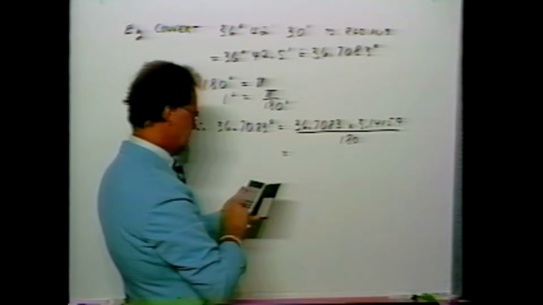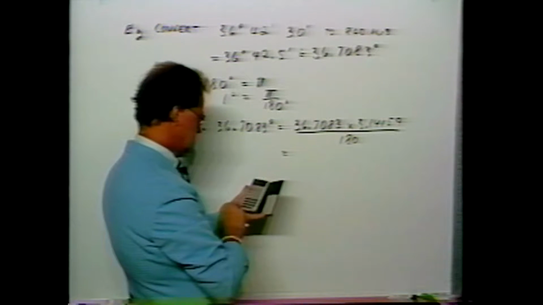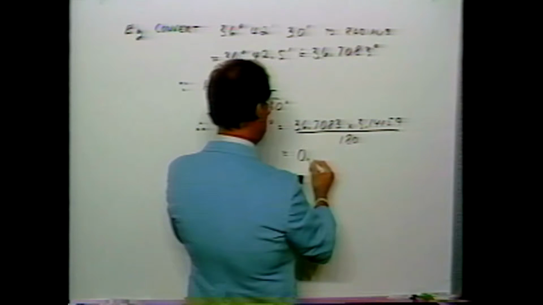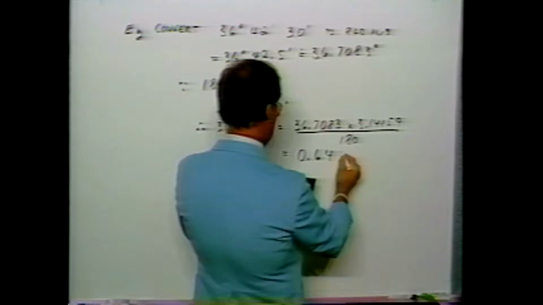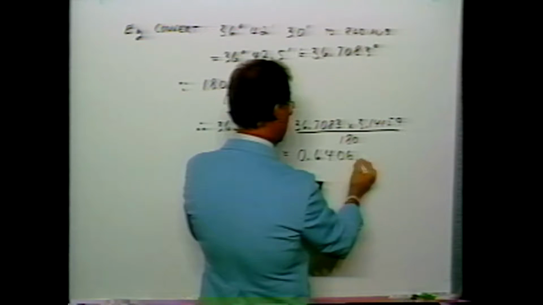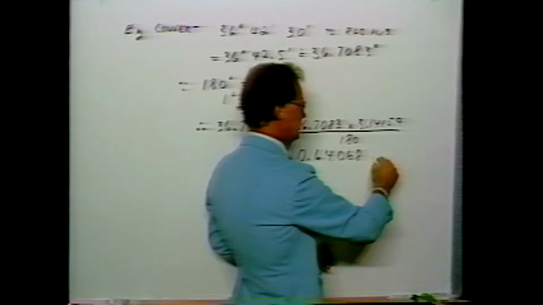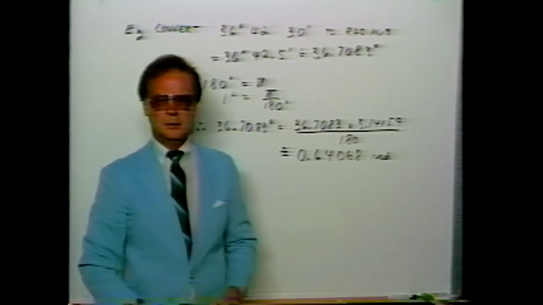Using your calculator to work out the amount, the result is approximately equal to 0.64068, and that's of course in radians, written or understood.